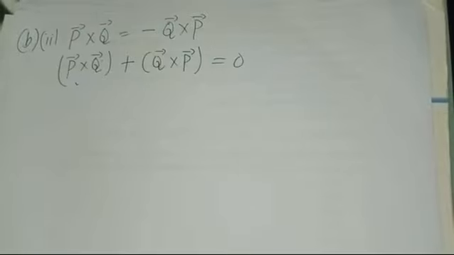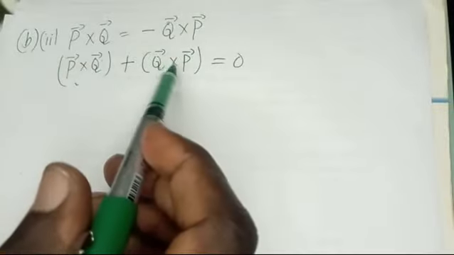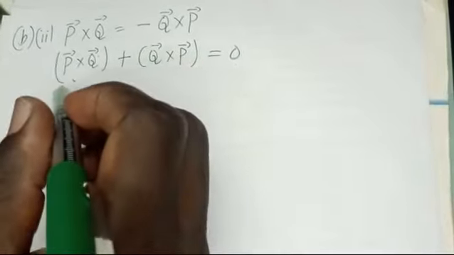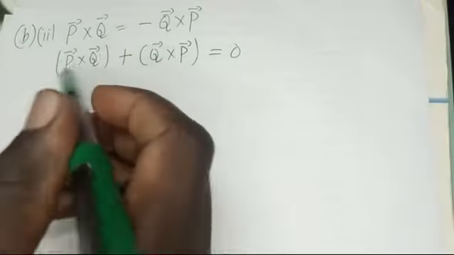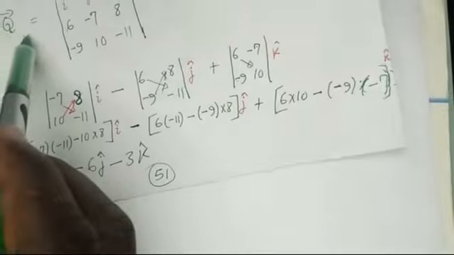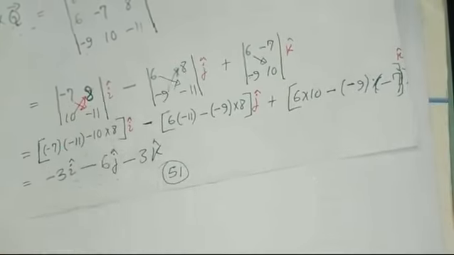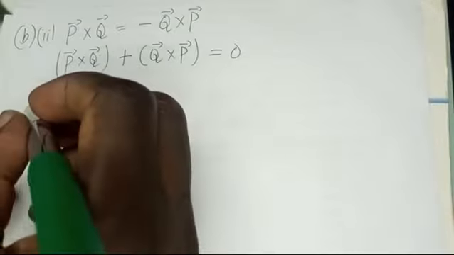I have to show that this is equal to this, so when I get this one, I should make sure that it gives 0. Remember you have your P cross Q known to you already. You calculated that P cross Q, so keep this result. Next, find your Q cross P.